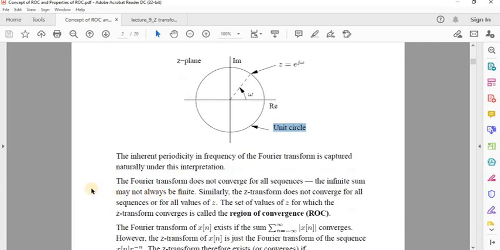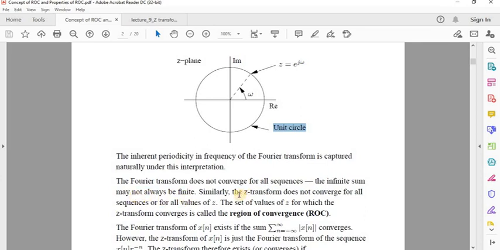So the Fourier transform does not converge. Converge means opposite to the infinity. There are two terms, converge and diverge. Converge means limited, finite, and diverge means infinite. So the Fourier transform does not converge for all the sequences. The infinite sum may not always be finite.